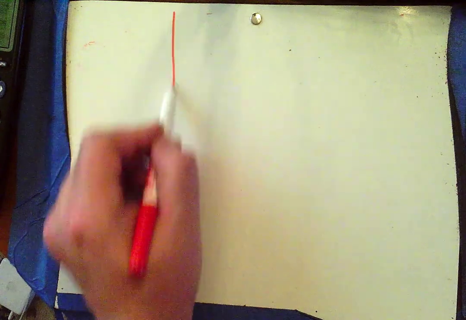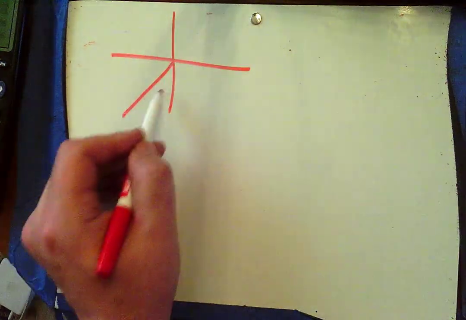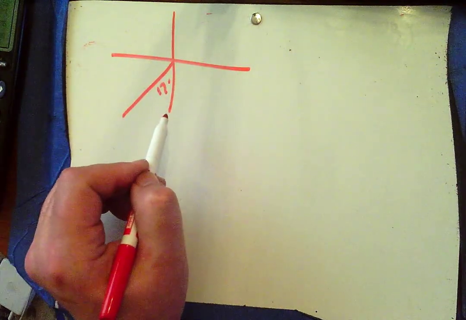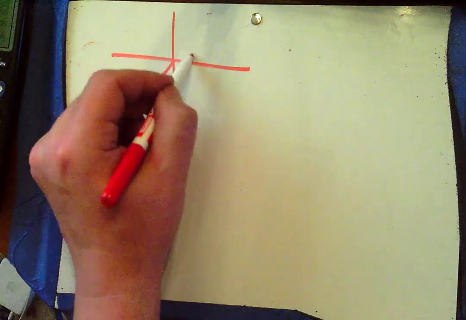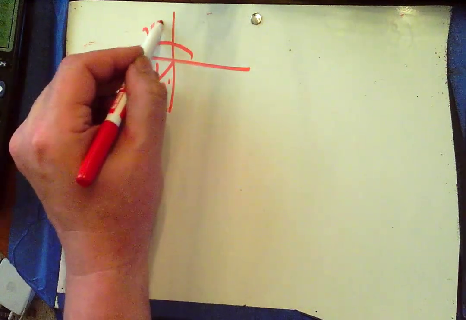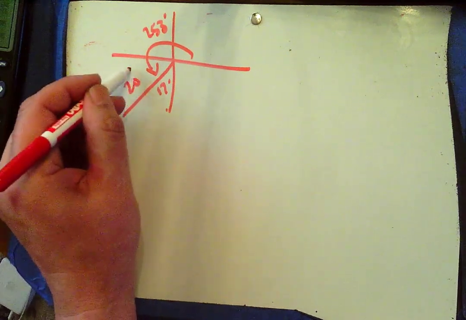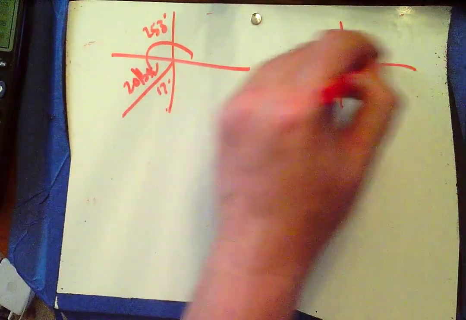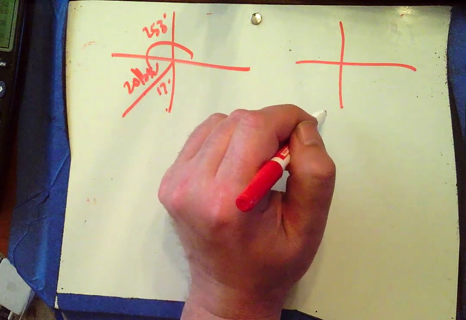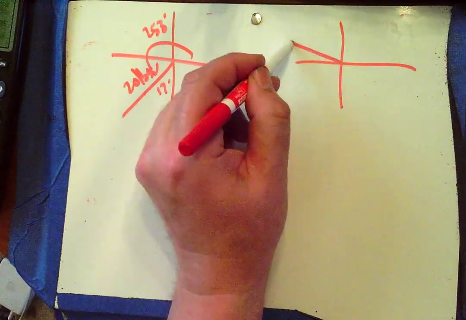15 and 16 will be more of the same. 15 says south 17 west. So 270 minus 17 is 253 degrees, and that's 20 pounds. And then we've got this other force, north 82 west.